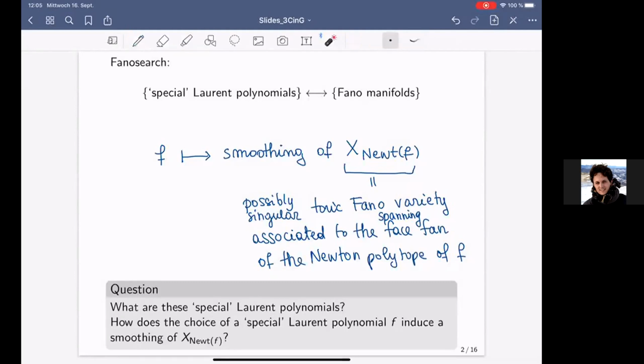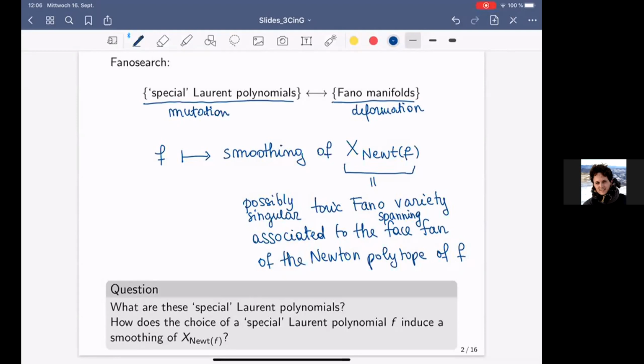Okay, and then the correspondence is up to a kind of equivalence relation on both sides. So on one side, I consider Fano manifolds up to deformation, and on the other side, up to mutation. And a mutation is, I will not define it here, but it has a long history, and people studied mutations from very many different perspectives, particularly cluster algebra people, I would say.